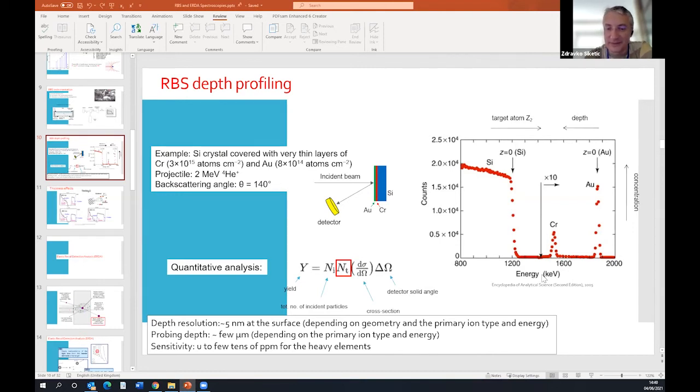Yes. If you have roughness, that destroys your depth resolution, especially if you work in an inclined geometry. Then that destroys the depth resolution. Okay, thank you.